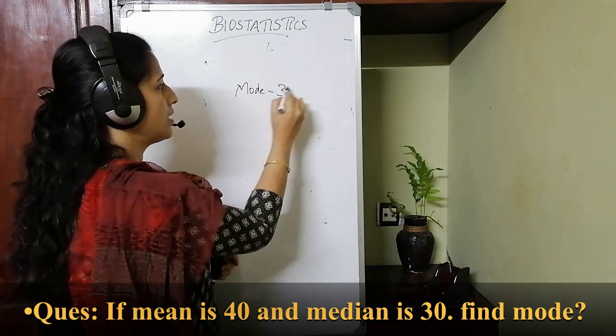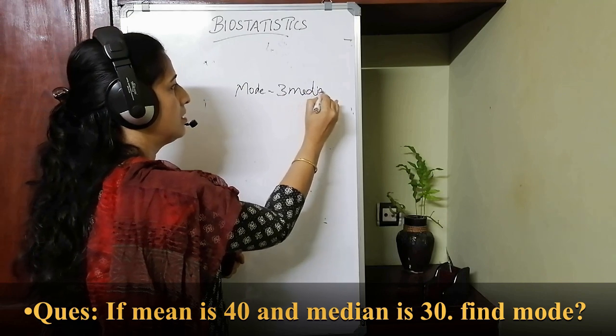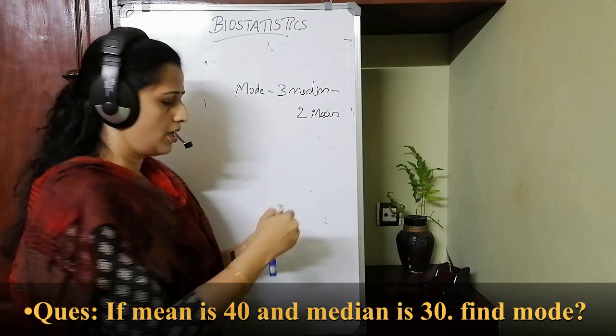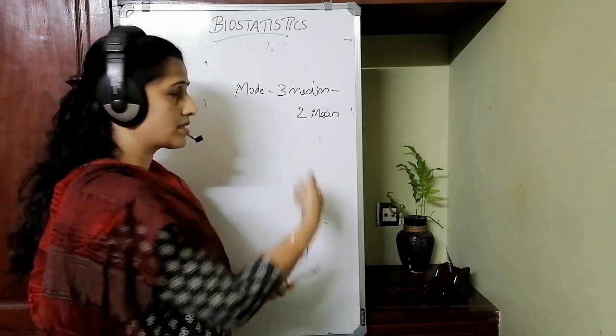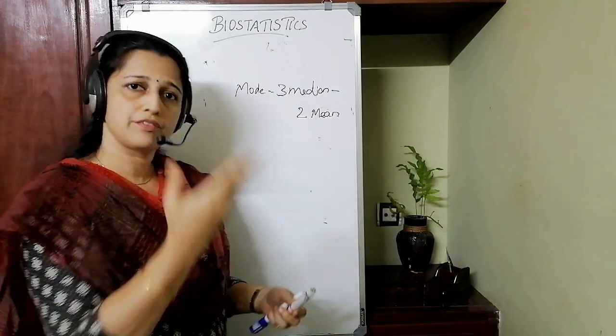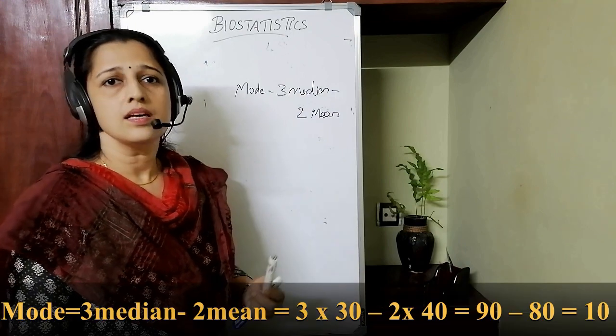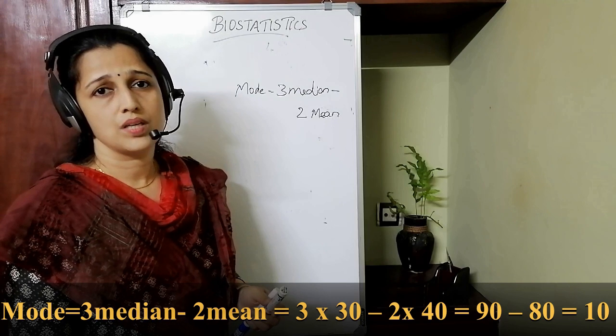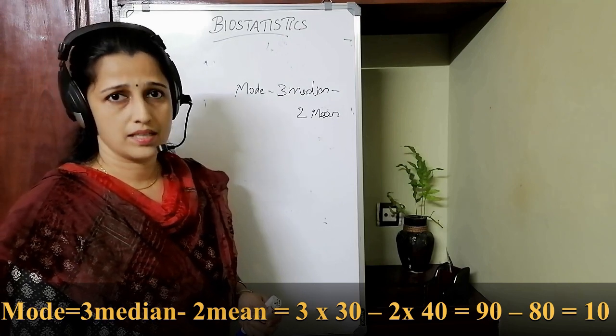Mode is equal to 3 median minus 2 mean. If mean and mode are given, you can find median using this equation. And this is the empirical relationship between mean, median and mode in large data sets.